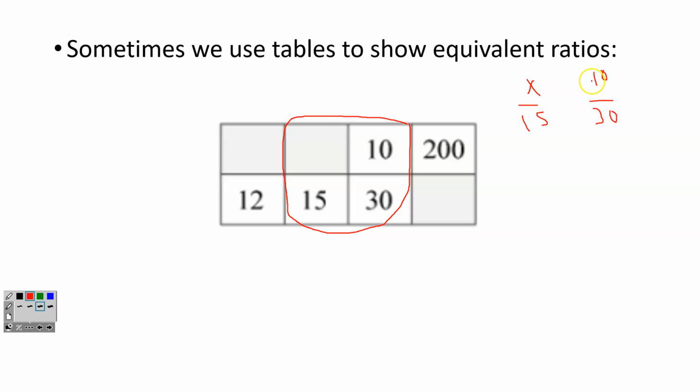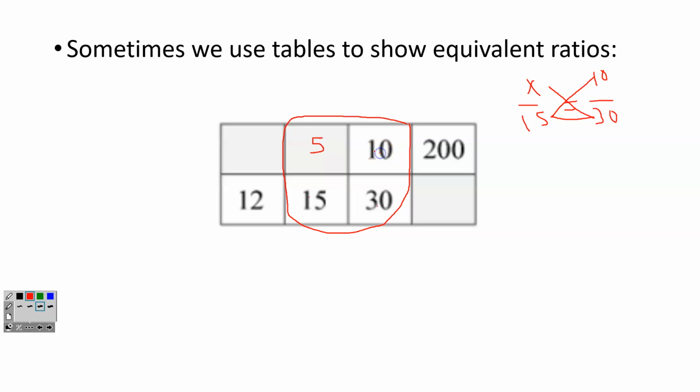Well, I bet you can probably multiply those numbers there and then divide by that number. So 10 times 15 is 150. 150 divided by 30 gives me x, which is 5. Oh, look at that. I just did that. So going from 30 down to 15, I'm dividing by 2.